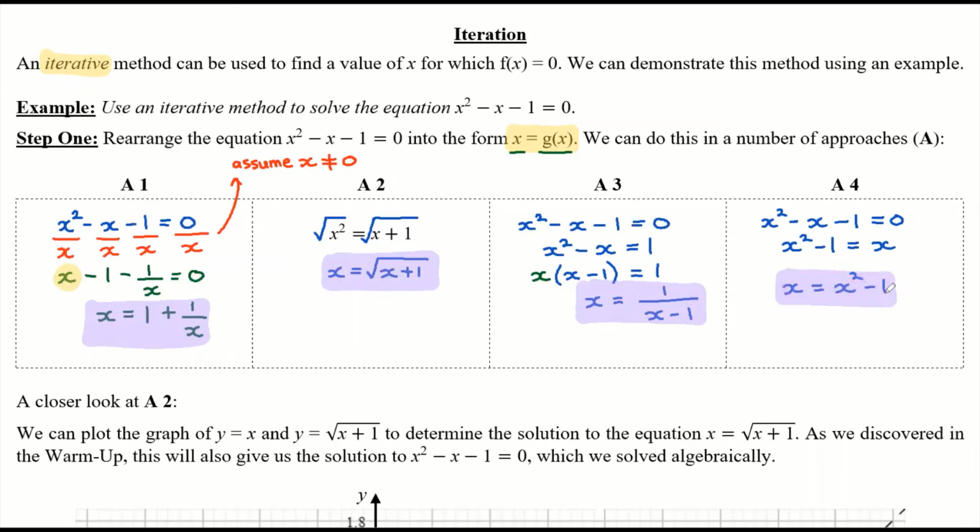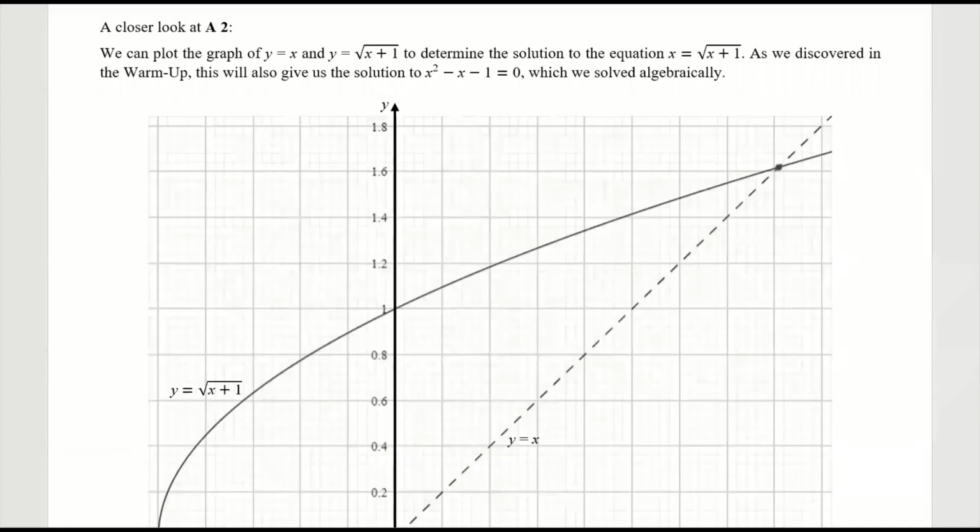So why is this useful? Well, for the next part, as it says here, we're going to take a closer look at A2 and see how it will help us find the solutions iteratively to our equation x squared subtract x subtract 1 is equal to 0. I've zoomed out a little bit just to get everything onto the screen. We're going to look at the plot of y equals x and y equals the square root of x plus 1.